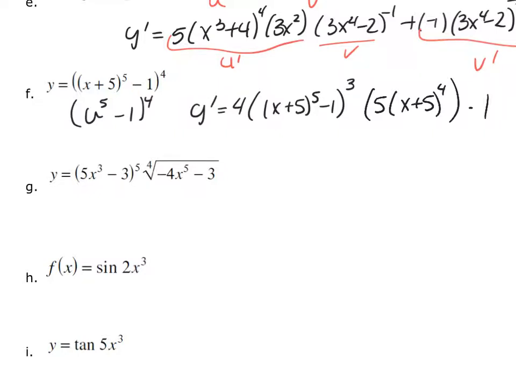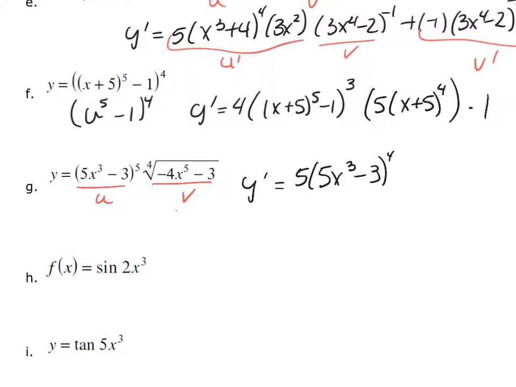Taking a look at my next one, I'm going to do the product rule again. This is u. This is v. So y prime is equal to the derivative of my first function. So it's going to be 5x to the 3rd minus 3 raised to the 4th power. That's my outer function.